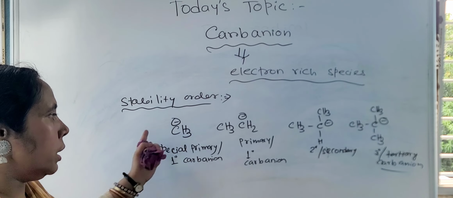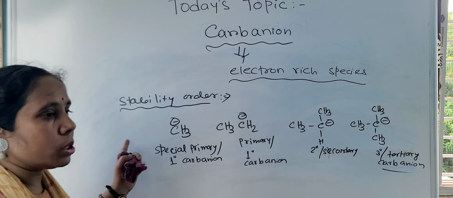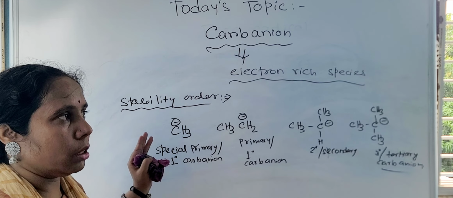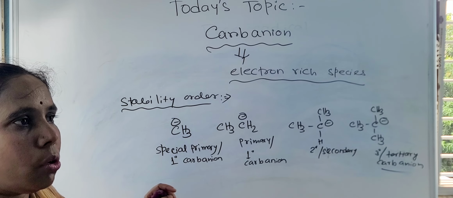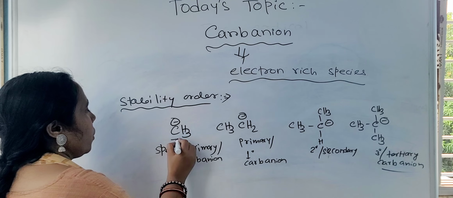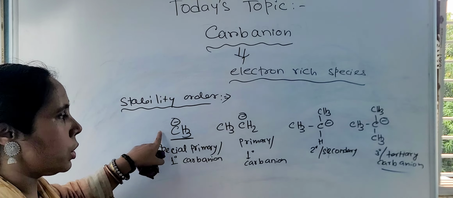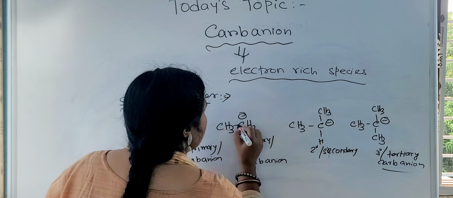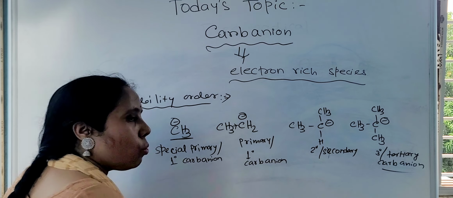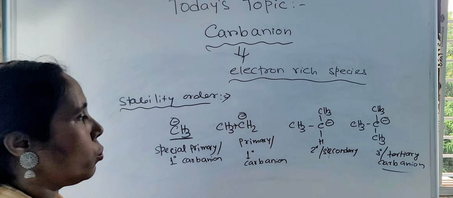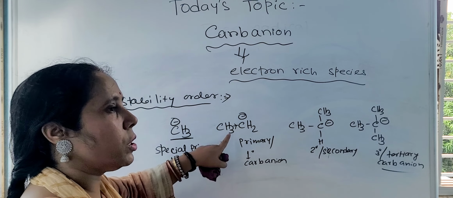See in this example, there is no such neighbor, so they are not asking. Here opposite things are happening. The group actually wants to push its own electron towards the carbanion, so it is destabilizing.